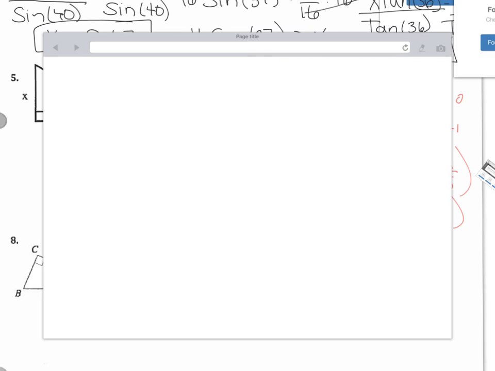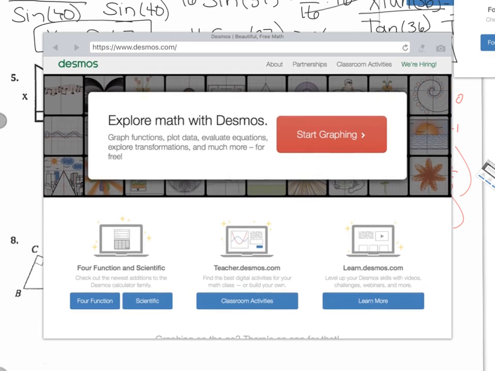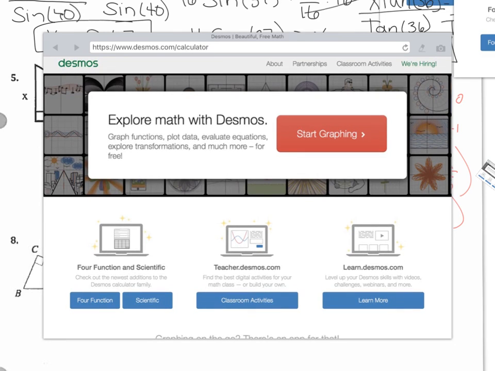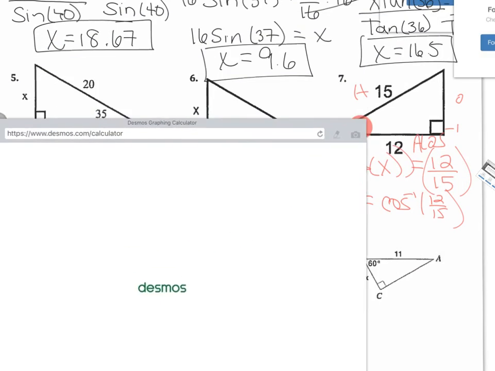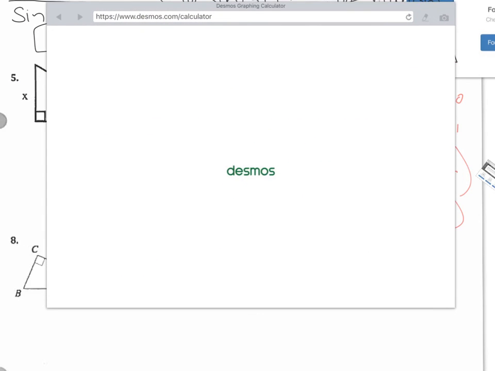Because I'm going to use Desmos, let me show you. Put it in degrees. I would do, and I naturally forgot, what did that say? 12 over 15.